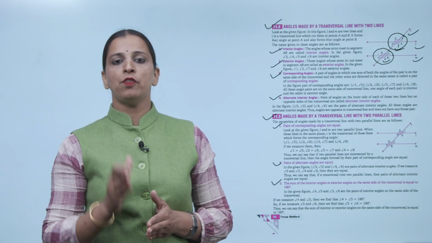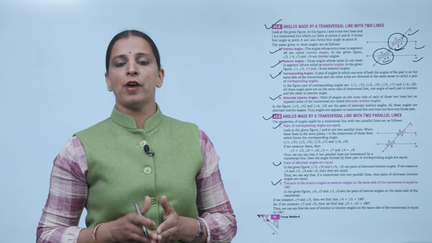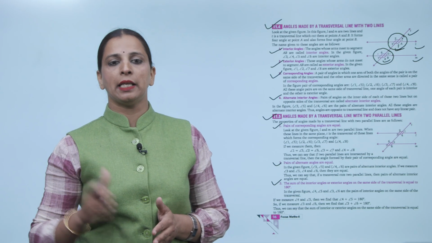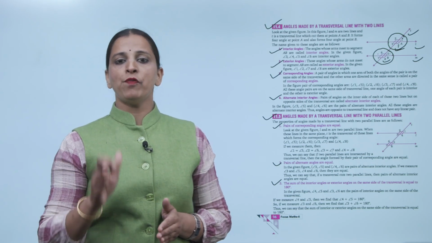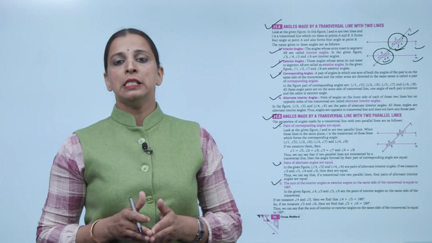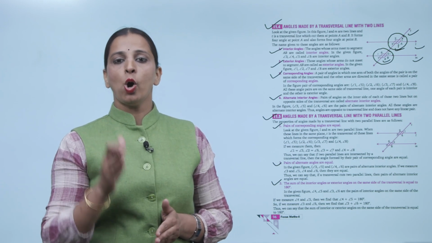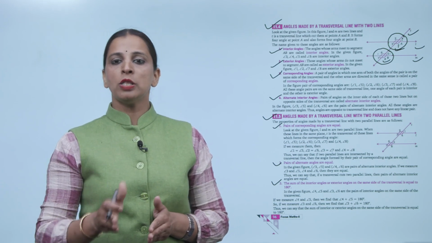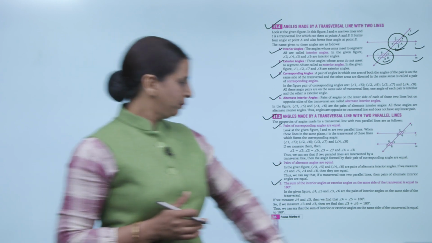If we measure angle 4 and angle 5, then we find that angle 4 plus angle 5 is equal to 180 degrees. Similarly, angle 3 plus angle 6 is equal to 180 degrees. Thus, we can say that the sum of interior or exterior angles on the same side of the transversal is equal to 180 degrees.